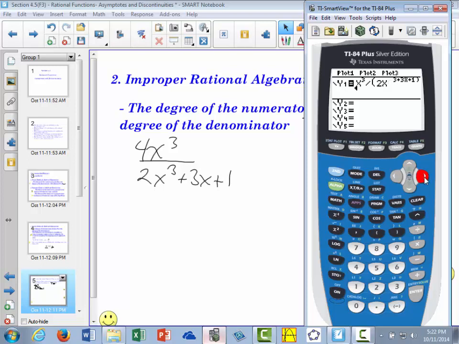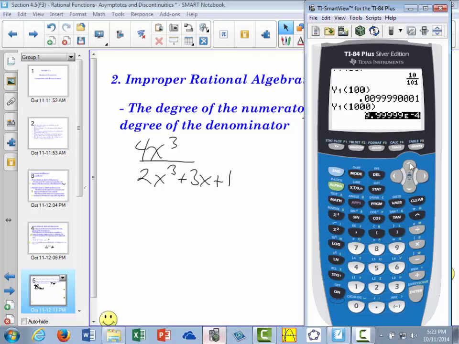Let's get rid of all of that and do it again: 2x cubed plus 3x. Close it off, and go back to our home screen. And we'll try these same ideas here.